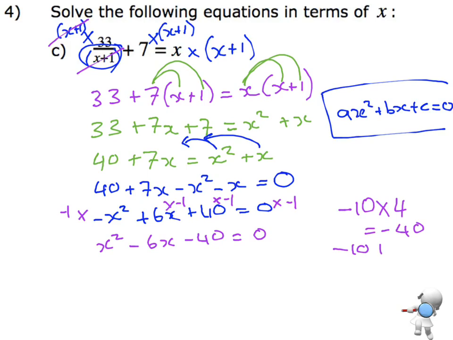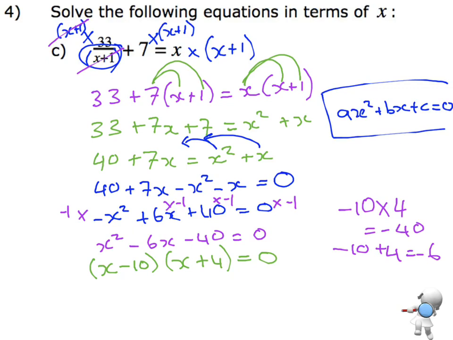And if I do negative 10 plus, not plus 6, plus 4, that's going to give me negative 6, which is what we're looking for. So when I factorise this, that's going to give me x take away 10 times x plus 4 equals 0. Now I need to solve this equation.